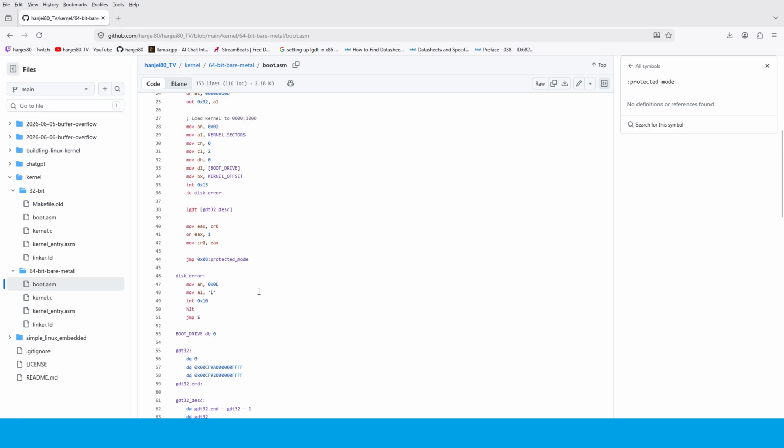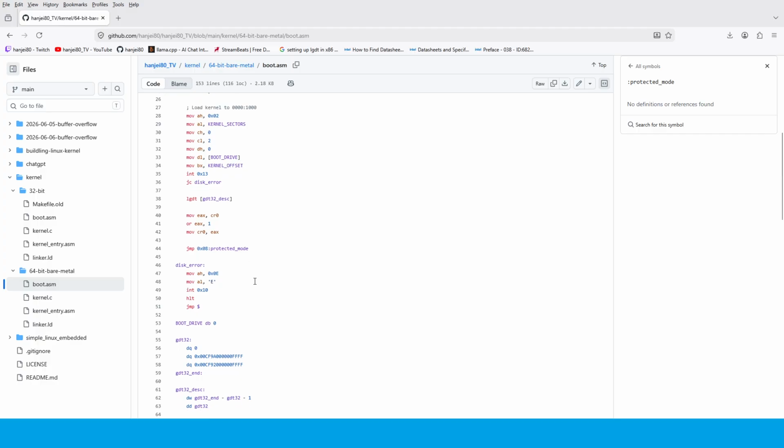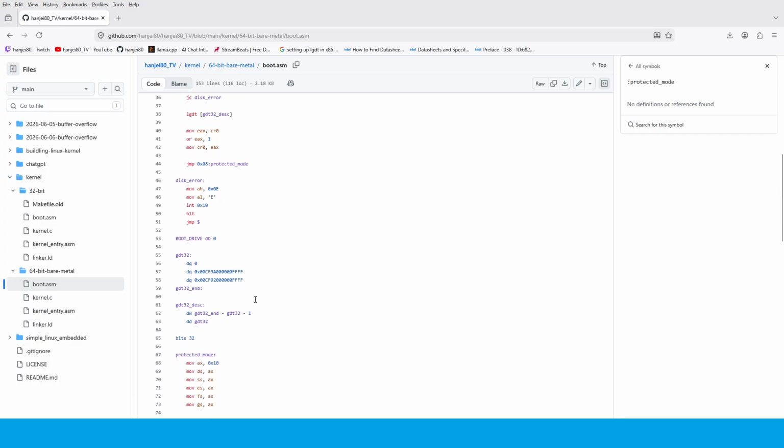GDT32, that's weird. GDT32 description, so here, okay, this is the descriptor. Still the same, 16-bit and 32-bit.